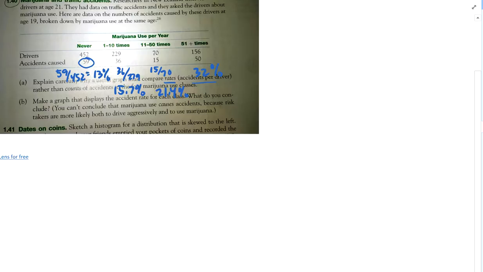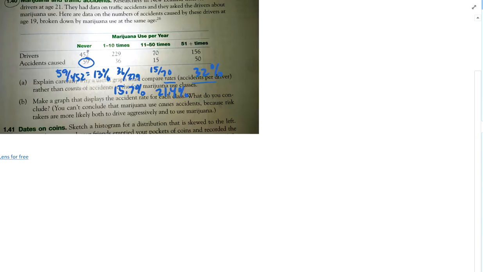We've got the percent of accidents caused based on which group you're in: the never smoked, the 1 to 10 times a year, 11 to 50, or greater than 51 times. If you're watching this, you probably had a question on it, but I want you to be thinking about what kind of data we're looking at.